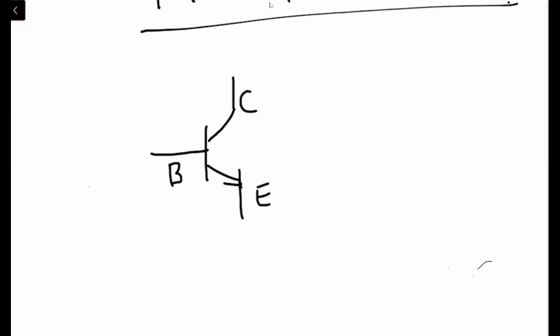With that, we have a resistor in the collector, which is RC. We also have another resistor at the base of the circuit, RB, and they are connected with a DC source, VCC.